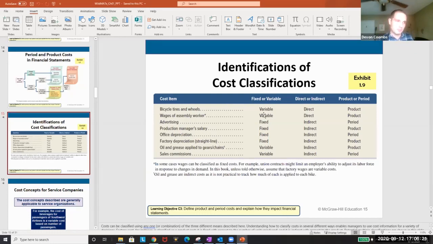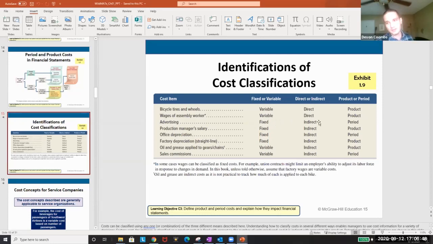Wages for assembly worker. It's variable, right? As they create more, if they're hourly, then we're going to pay them more. We might argue it's a fixed cost if they get salary, but generally assembly workers are hourly. Is it direct? It's directly building those goods, so it's a product cost. Advertising, it's fixed. Generally, we're paying a fixed fee or a salary to our advertising.